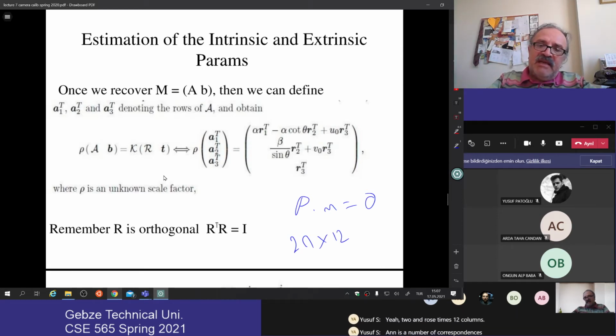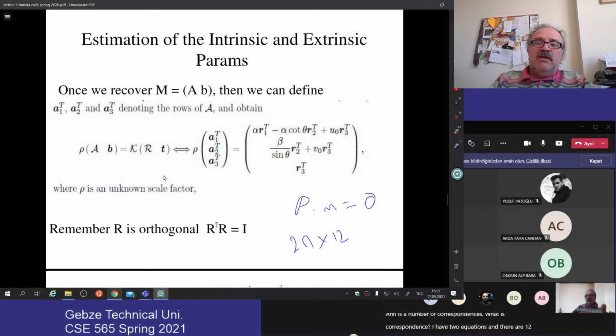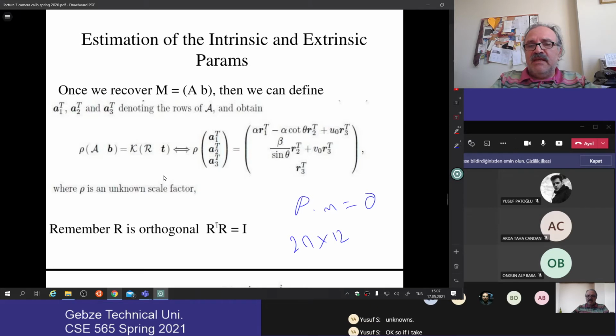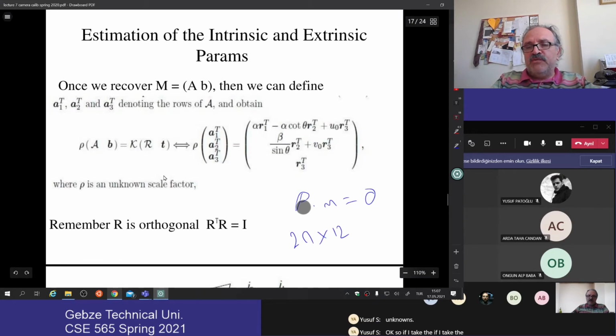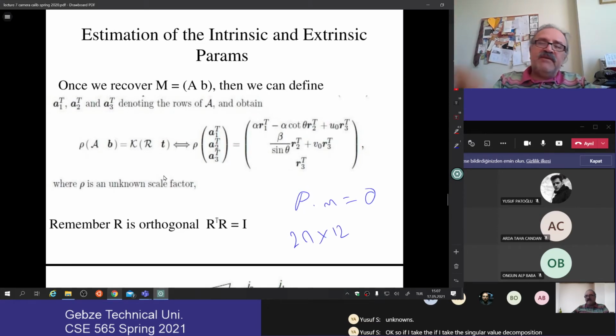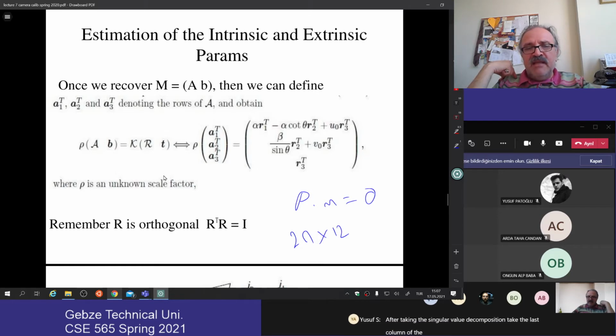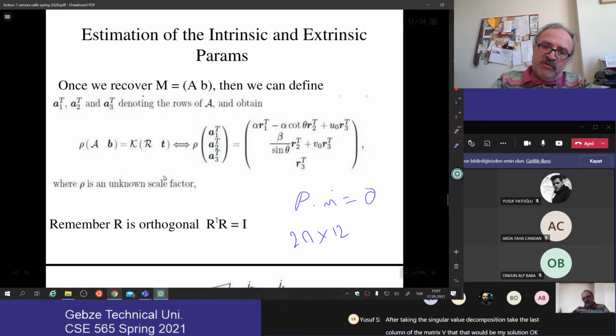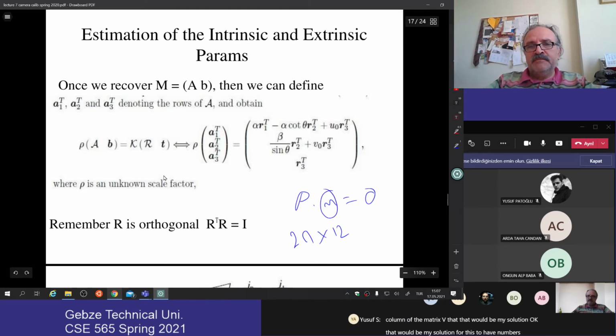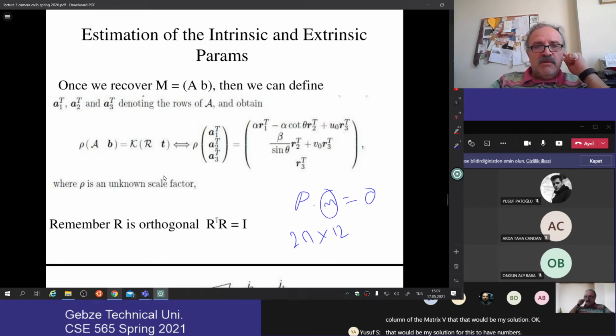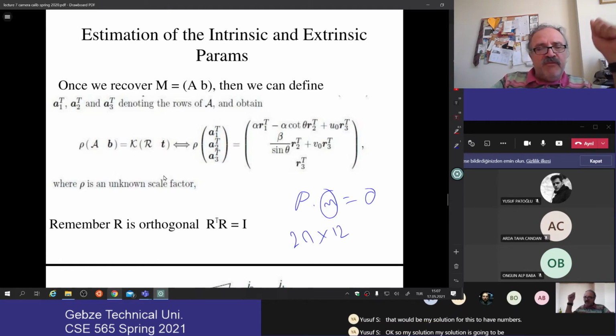For each correspondence, I have two equations, and there are 12 unknowns. So if I take the singular value decomposition of this P, after taking the singular value decomposition, take the last column of the matrix V. That would be my solution for these 12 numbers.